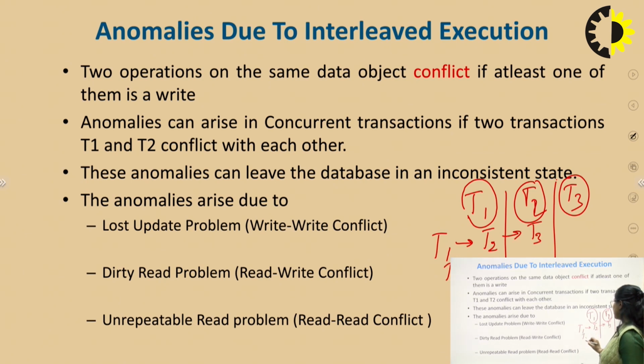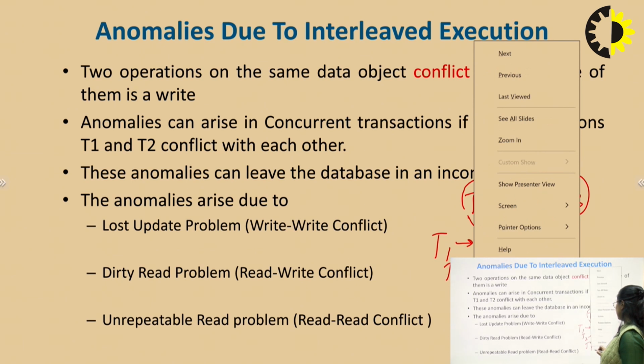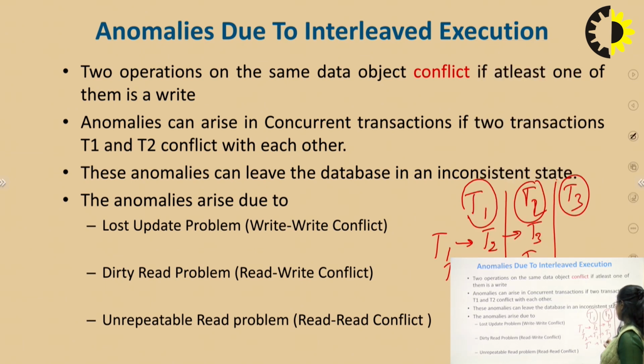Or it can be T2, T1, T3, or T2, T3, T1. It can be in different orders, but in a serial schedule, before the completion of the one which has already started, we cannot jump to the next transaction.